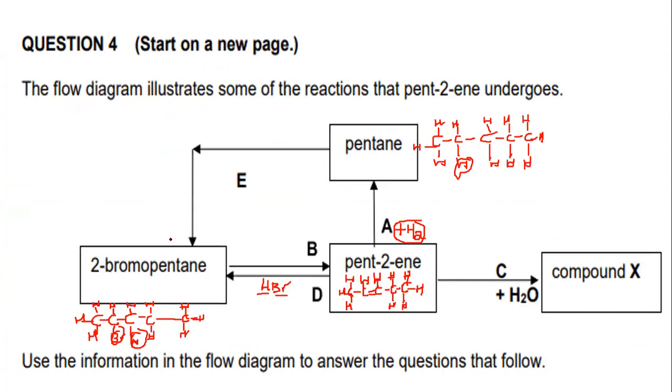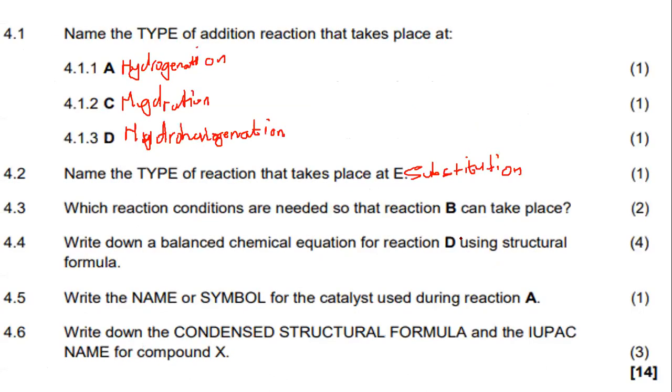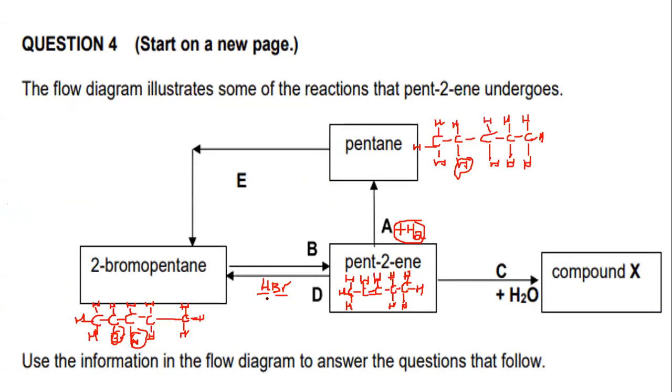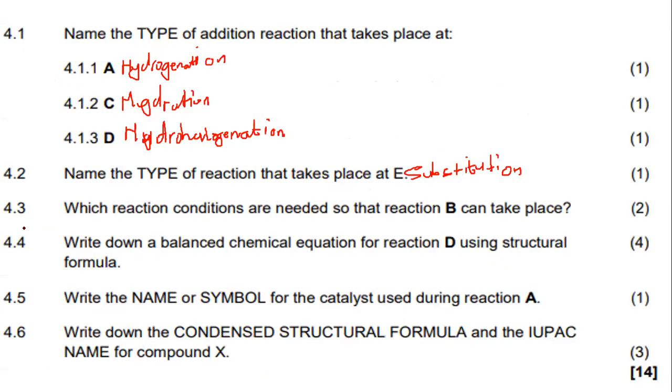Right. Then, which B can take place? Let us look at reaction B altogether. So in reaction B, 2-bromopentane is actually going to pentene. Now, this one, my dear learners, it's really not part of your syllabus altogether.